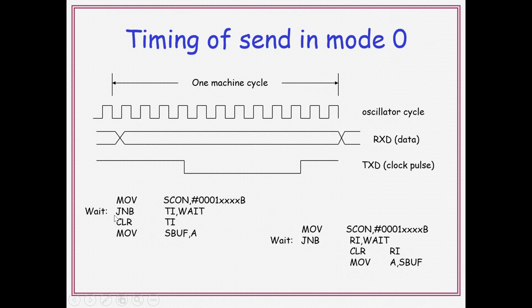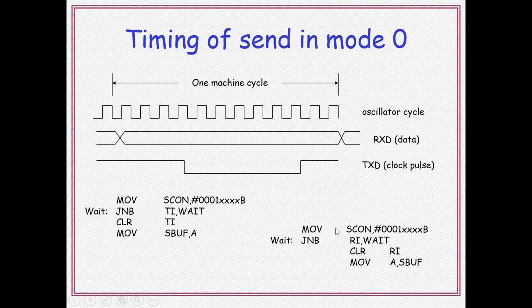For transmitting, first wait for the first character to be transmitted, using jump if no bit TI, wait. If it is okay, then TI is cleared, and the second value is loaded into SBUF. So this is the transmission section.